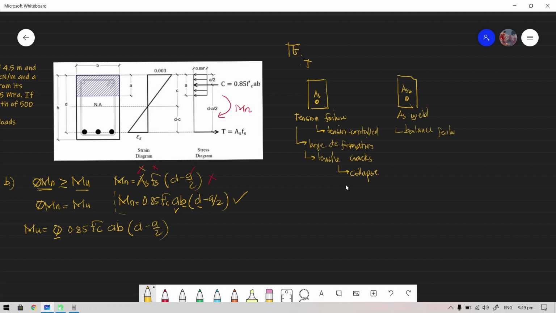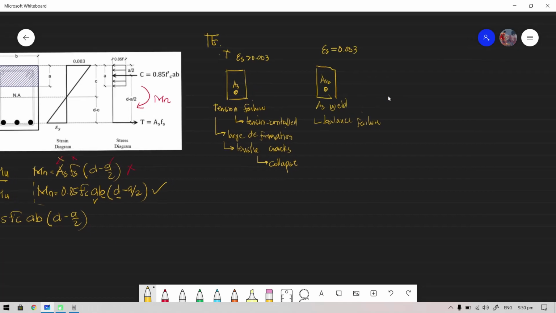Ibig sabihin yung ASB na to, yung AS balance, you proportion the reinforcement such that when the concrete reaches its yield strain, the steel will also reach its yield strain. Kumbaga sabay sila. Ito yung sinasabi natin yung ES is equal to 0.003. Ito naman, ES is greater than 0.003.